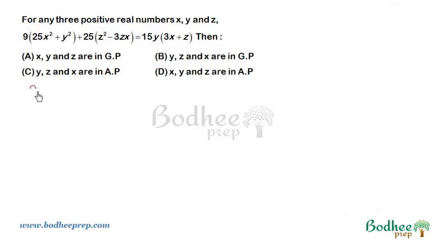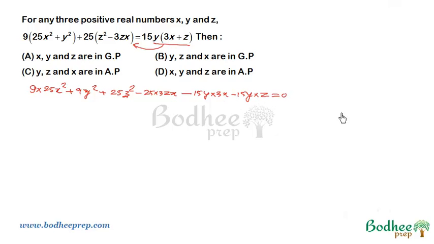So I can write this as 9 into 25x square plus 9y square plus 25z square minus 25 into 3zx, I'm just taking this portion to the LHS, so it will be minus 15y into 3x minus 15y into z, and that is equal to 0.